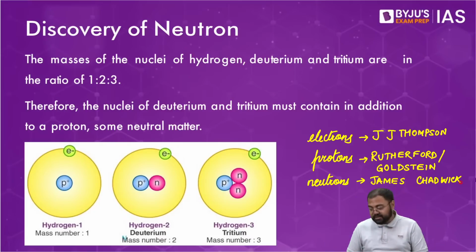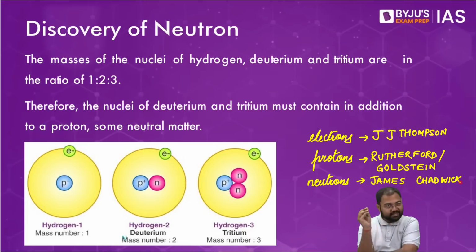So in a manner, he was the one who defined the presence of protons inside the atom. But almost 20 years before him, there was Goldstein, and Goldstein for the first time had shown positively charged particles. Because until then, the model of atoms said that there are negatively charged particles, but no positively charged particle.